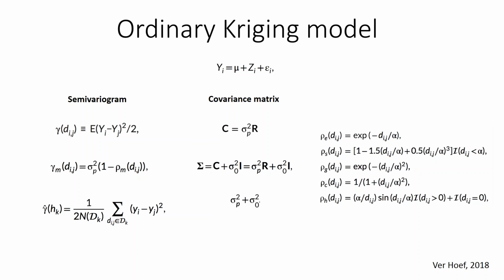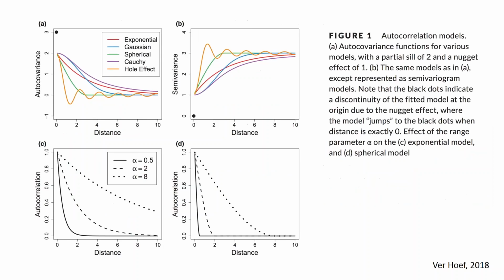So if we plot the semi-variogram and covariance, they look like this. Autocovariance decreases as we increase the distance.